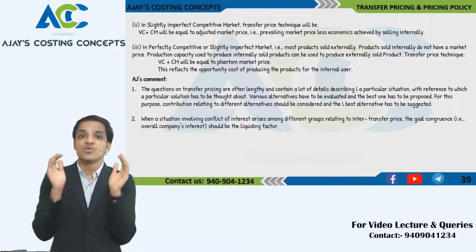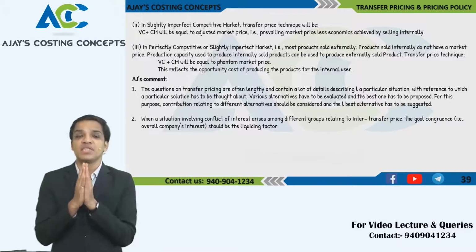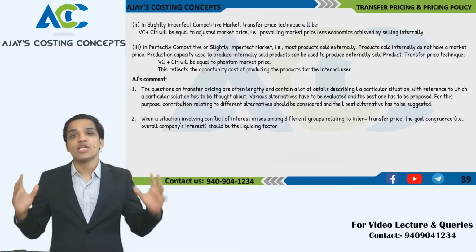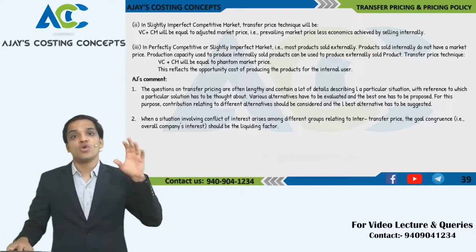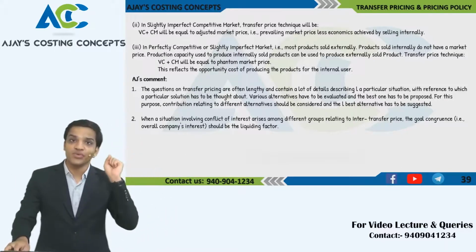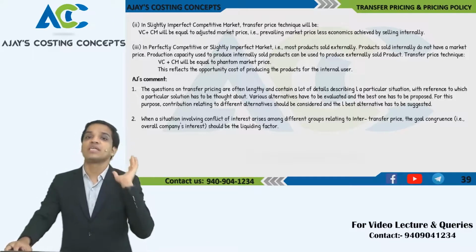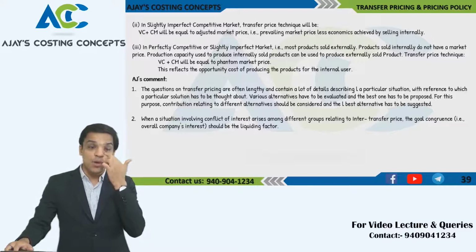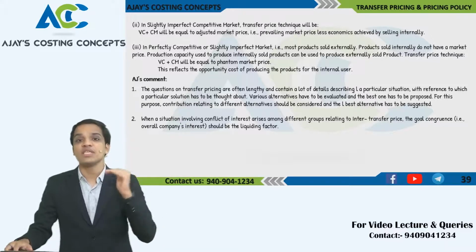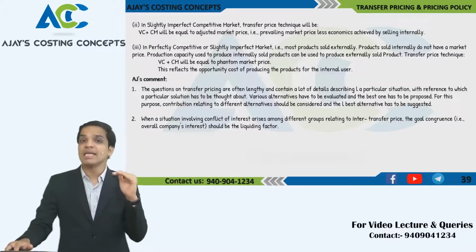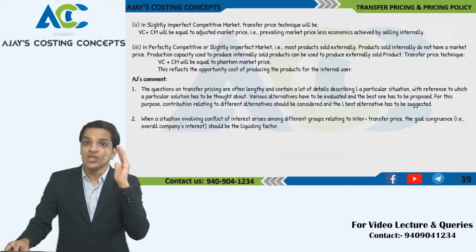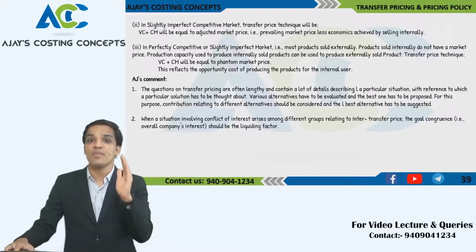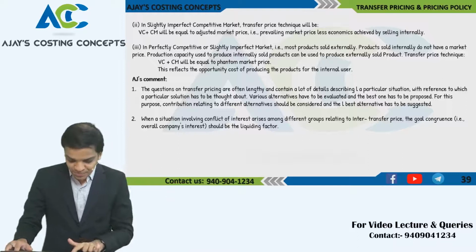In that case, you decide such a price which is in the interest of the company. The goal congruence model is to be observed or achieved. On the basis of that only you will decide a transfer price. You should not be confused. Your answer should not be diplomatic, like division A should have this and division B should have this. No. In that case, you should make sure that you decide the answer on the basis of the company's overall interest.